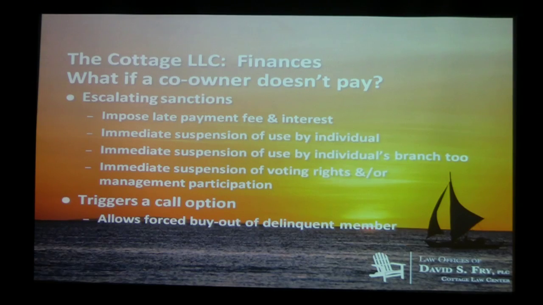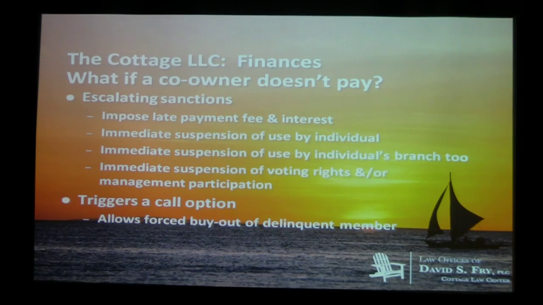And my experience is the spouses of the lineal descendants will become incredibly irate over the prospect of their brother-in-law using the place when I'm the one paying his share. So immediate suspension of use by the delinquent individual is very, very common.